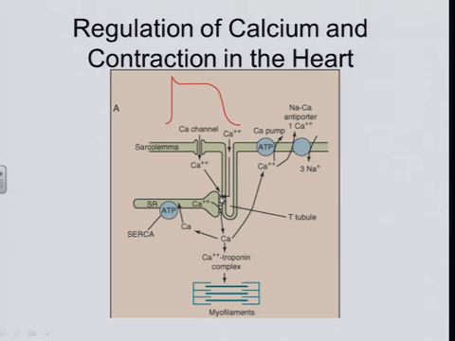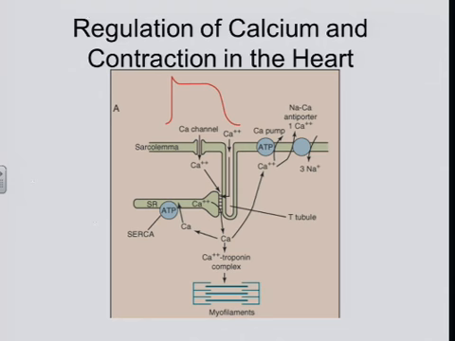That is that calcium that comes in through the L-type calcium channel, which contributes some of the calcium that causes excitation and also activates the sarcoplasmic reticulum ryanodine sensitive calcium release channel.